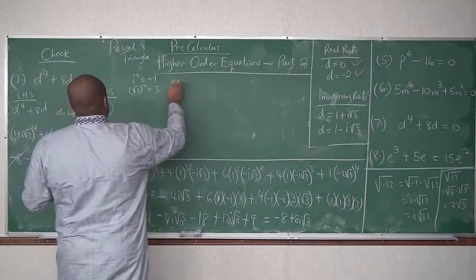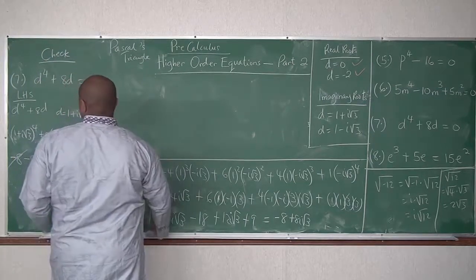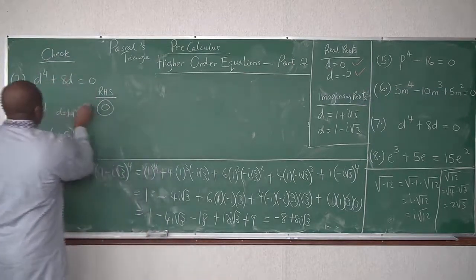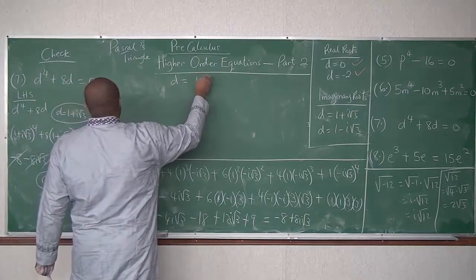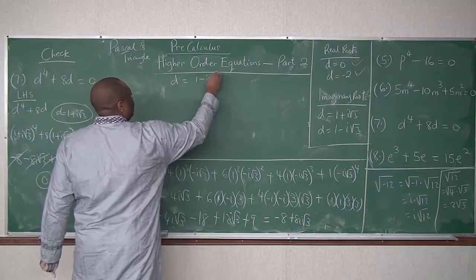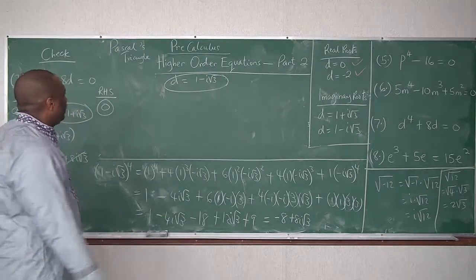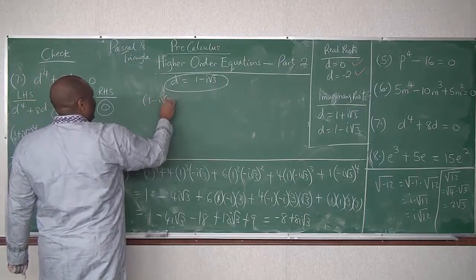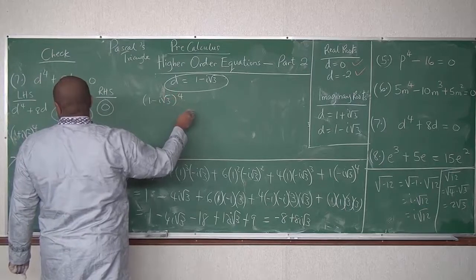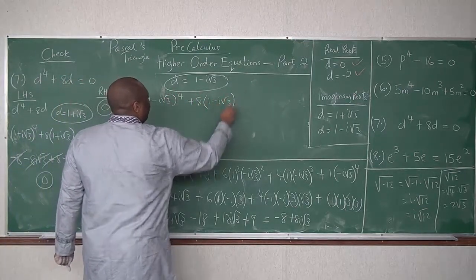If we check for D equal to 1 minus i root 3. We check for this last root here. So D to the 4, this is 1 minus i root 3 all raised to power 4 plus 8 times 1 minus i root 3.